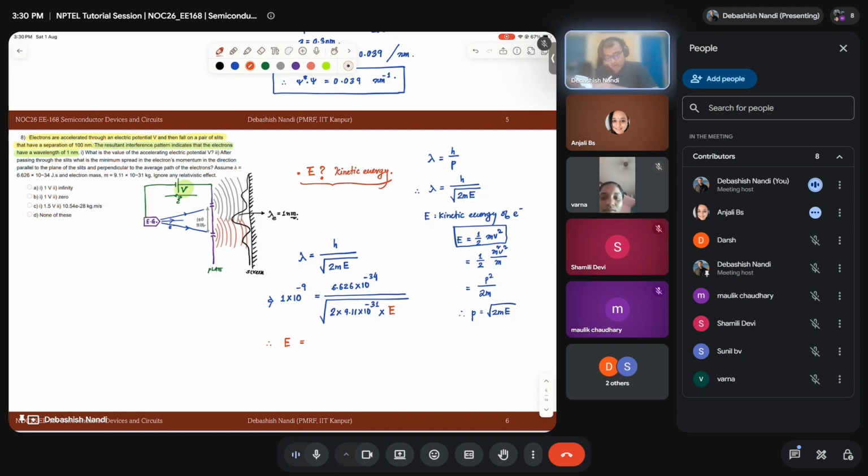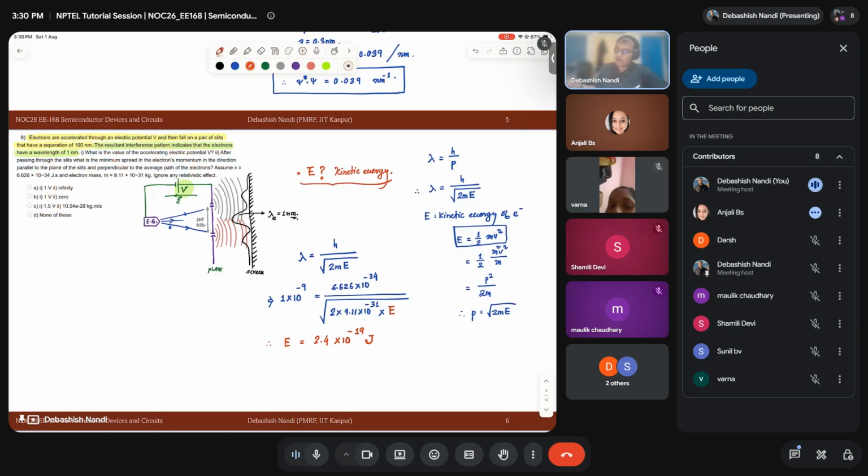So 6.626 into 10 raised to minus 34 divided by 10 raised to minus 9, that square, then divided by 2, divided by 9.11 into 10 raised to minus 31. So it is coming around 2.4 into 10 raised to minus 19 joule, right?